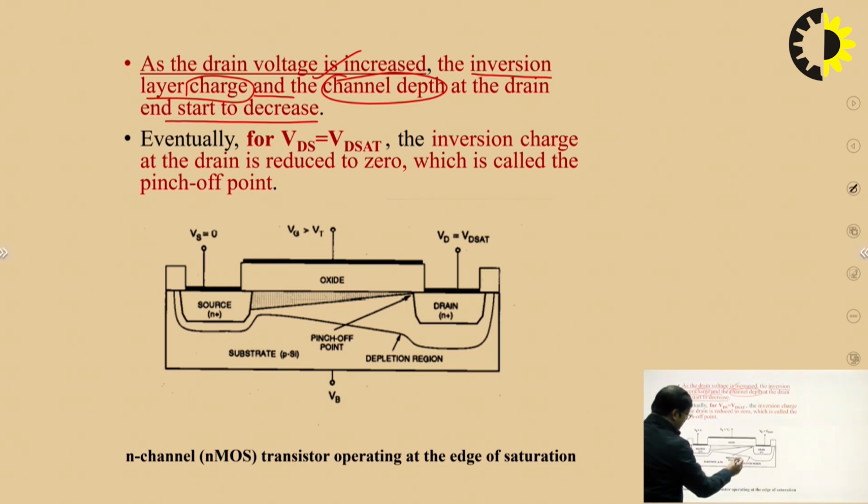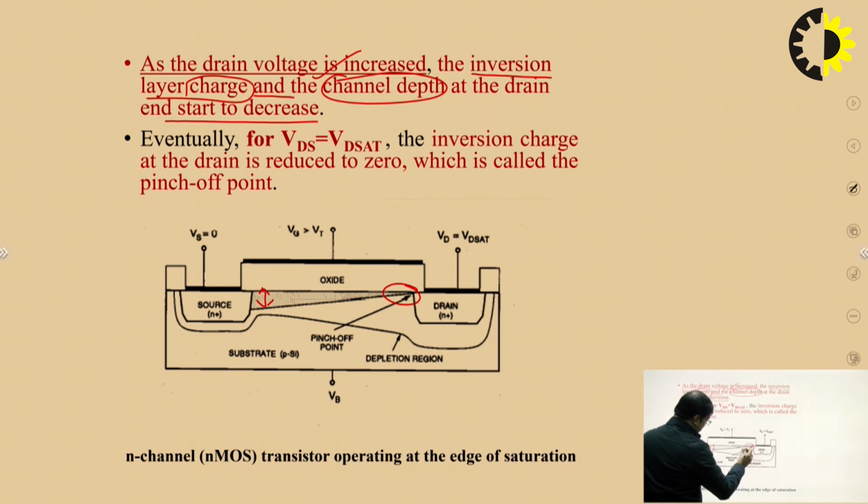Here we can see at this point the channel starts to decrease. Here we can see this is the channel. This is the channel width. If we see at the source end and at the drain end, we can see the channel width is decreasing.